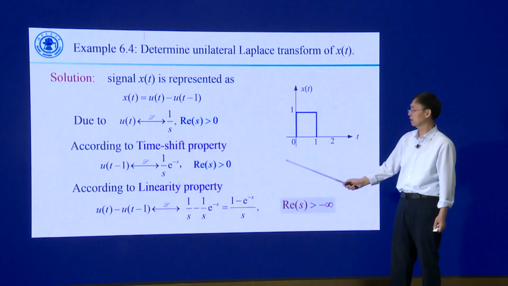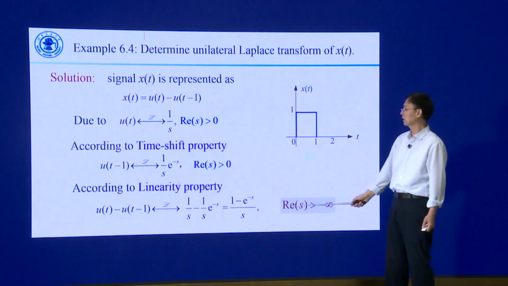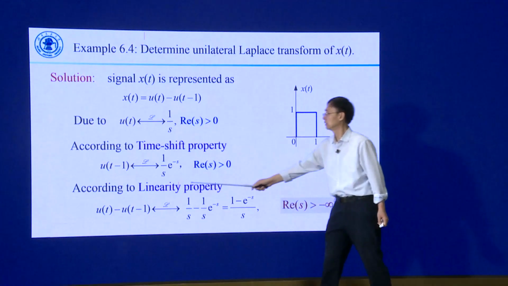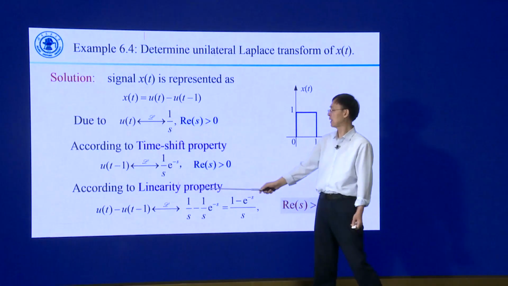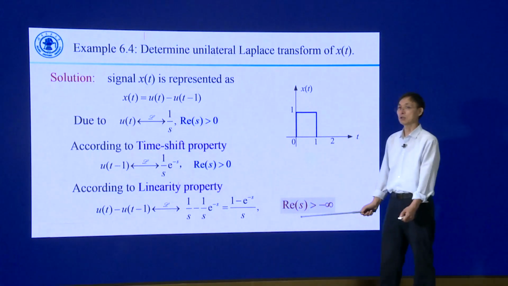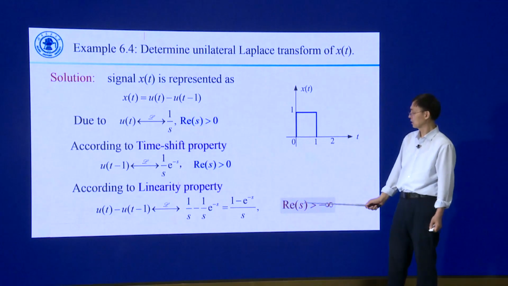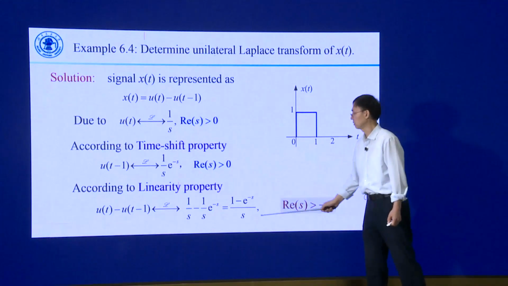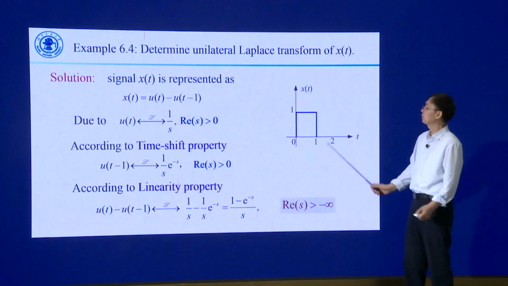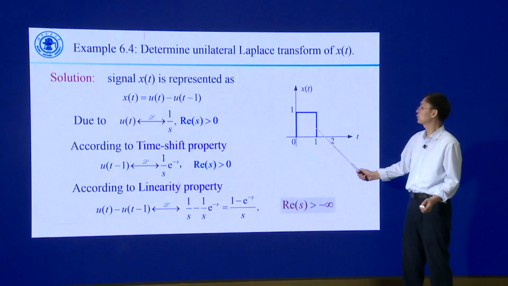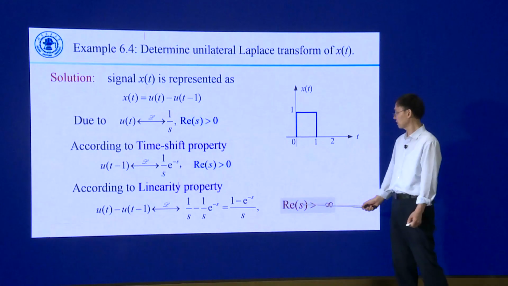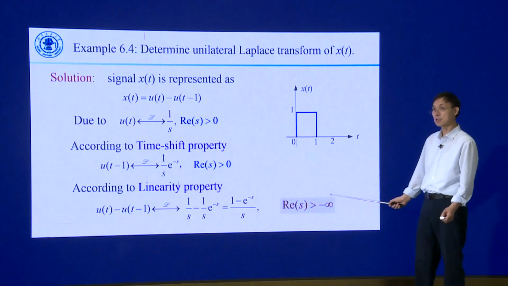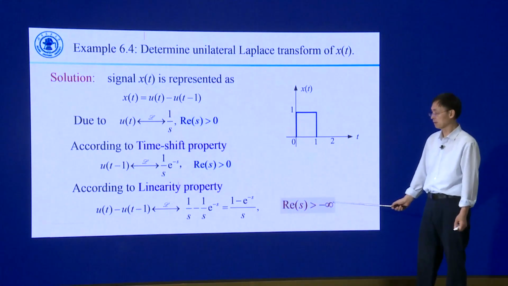According to the linearity property, we can get u(t) minus u(t minus 1). Its unilateral Laplace transform is this expression. Because this signal is a finite duration signal, its region of convergence includes entire S-plane.